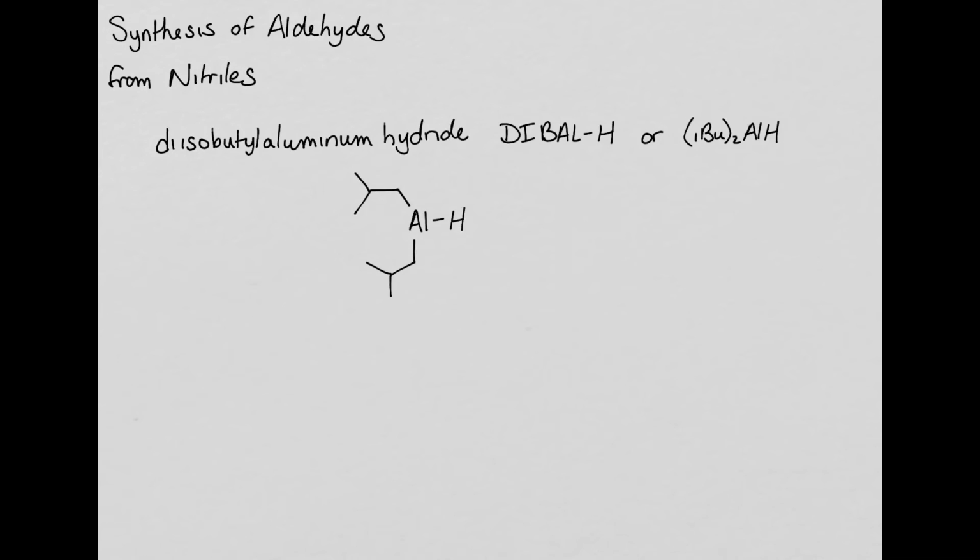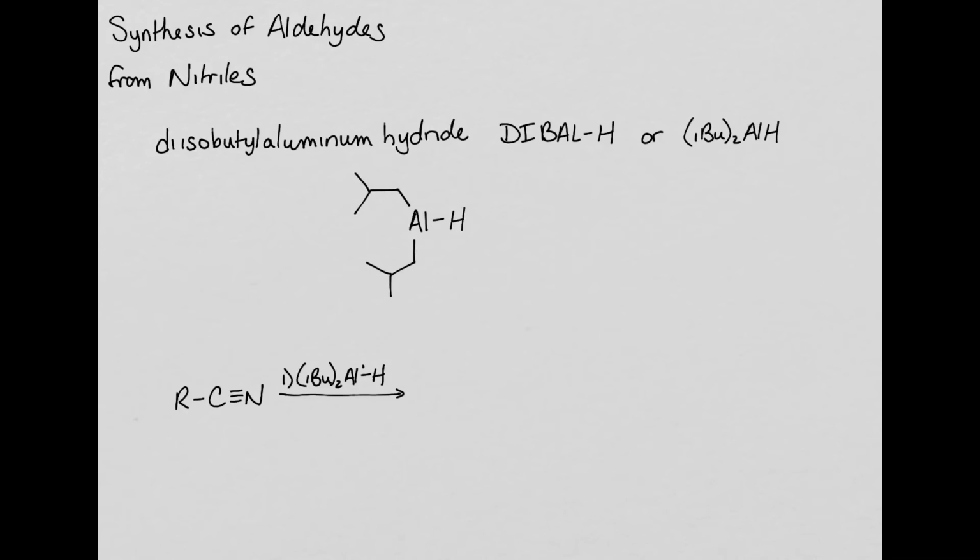Unlike other reducing reagents we've looked at, the aluminum is not negatively charged, and it only contains one hydride to donate. Both of these things make it less reactive, so that only a single equivalent of hydride is added to the nitrile.